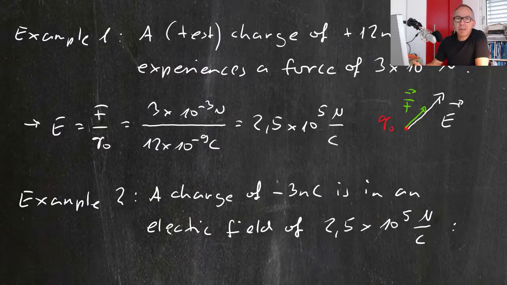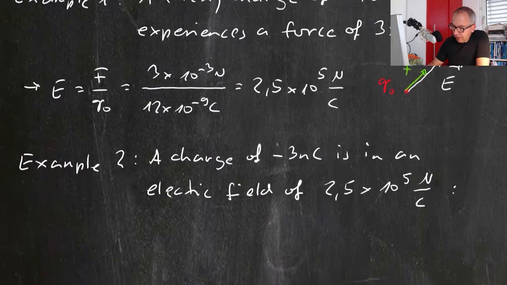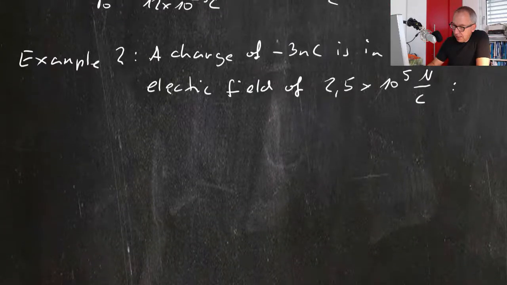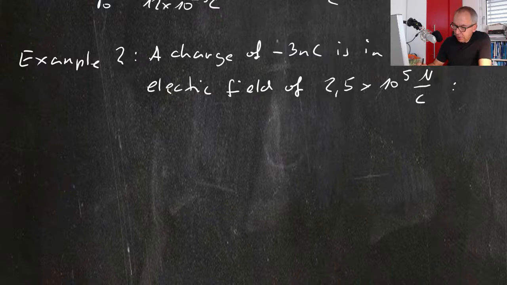So now we have a certain charge given, which is negative, and this charge is at a position where we have an electric field of 2.5 times 10 to the power of 5 Newton per Coulomb, which just is what we had for the upper one. So if we have an electric field given, then this electric field has to have a certain direction.